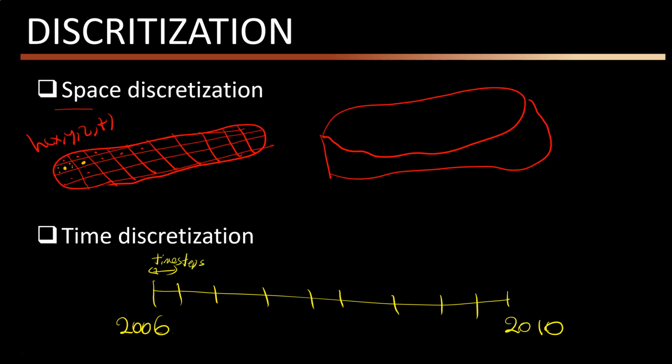Okay, so we are going to talk about how we can do that and what it means. But technically, we divide the duration from 2006 to 2010 into small pieces, maybe even way smaller pieces, and go and solve, actually find the head within those time steps.